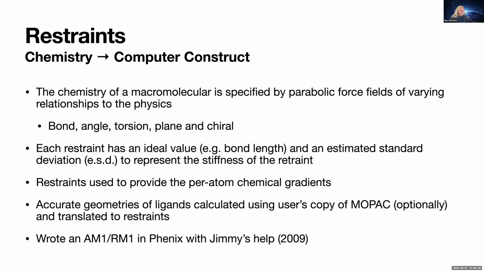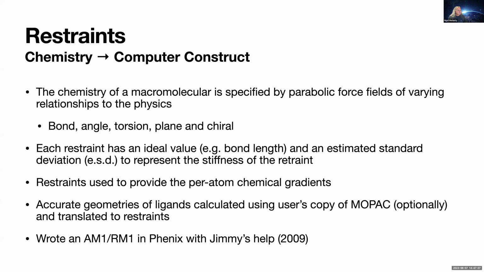So in protein refinement, X-ray crystallography and cryo-EM, you have to convert the chemistry that you know about a specific entity into parabolic force fields, and that usually means that there's a bond restraint, an angle restraint, and other restraints that try and keep the a priori knowledge of chemistry in the model so that you can compare the computer model of the chemistry with the experimental data that you've gleaned from your experiment.